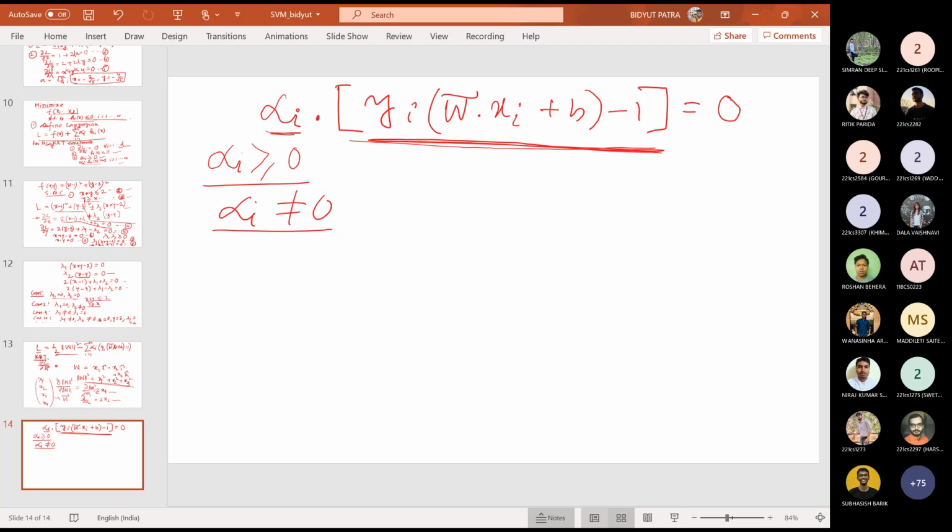Here yi is nothing but the positive sample or negative sample. So we can write yi into (w into xi plus b) is equal to 1.